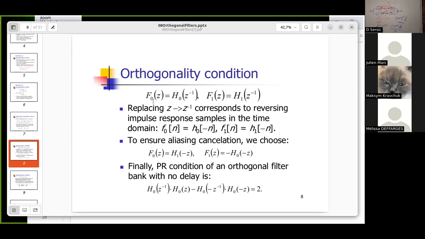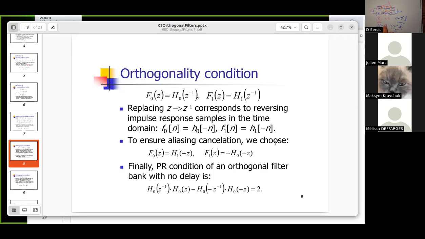because the lower branch follows from the aliasing cancellation condition. What does it mean if some filter is equal to another filter, but Z to the minus 1? Replacing Z with Z to the minus 1 corresponds to reversing time. Here we have Z plus Z to the minus 1.